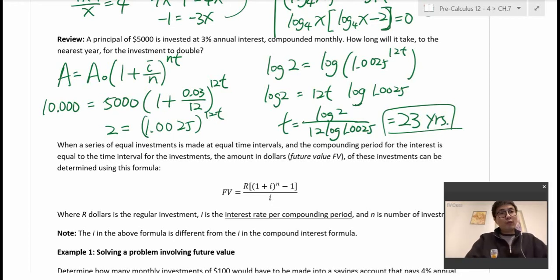When you invest money, there are usually two different ways. One is like what we're doing here. You put money in, you leave it there, and you let it grow, and you don't touch it at all for 3 years, 2 years, whatever. GIC, something like that, or a savings account.